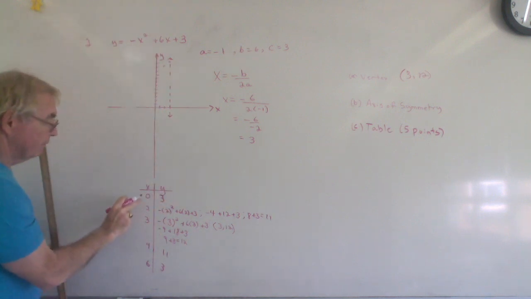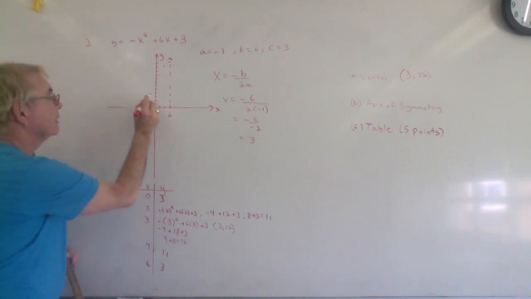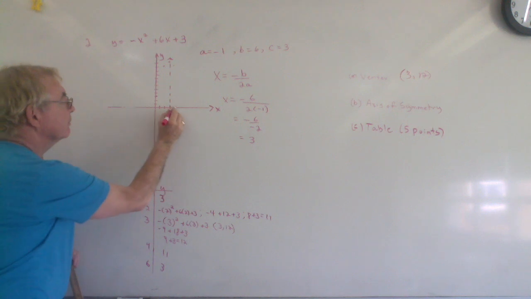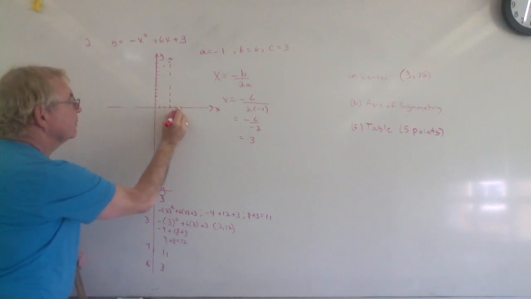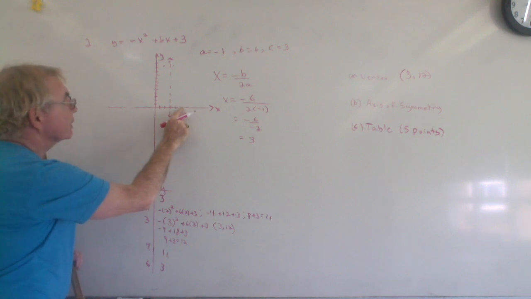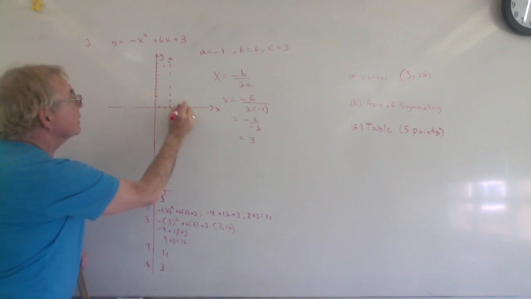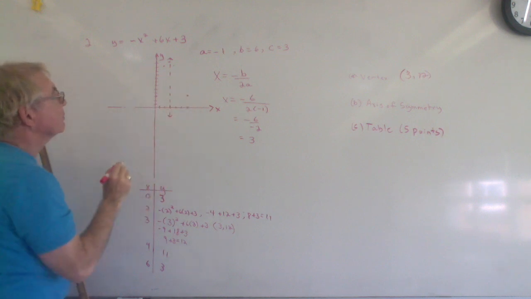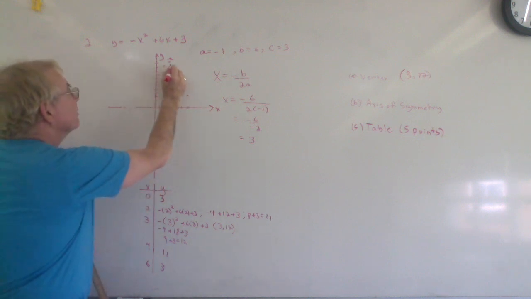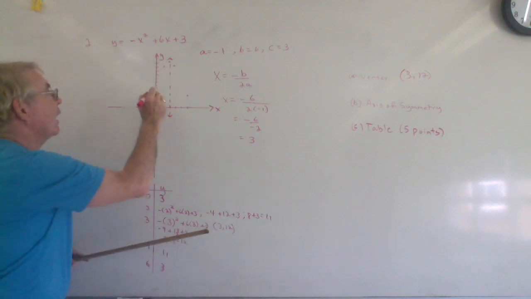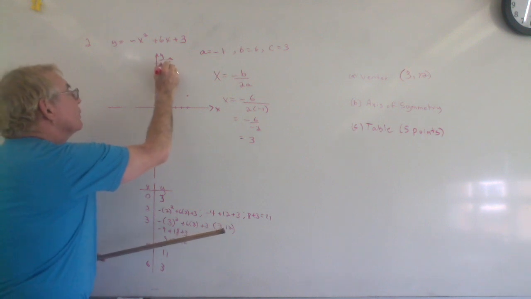And then we plot our 4th and 5th point. 0, 3. And 6, 3. So there's our points. Now, we draw our parabola.